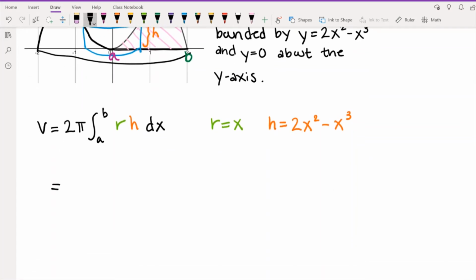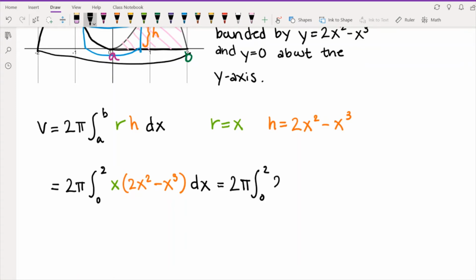So the volume is going to be 2 pi times the integral from 0 to 2 of x times (2x squared minus x cubed) dx. And so now we can just multiply this out and integrate it. So we're going to get 2x cubed minus x to the 4th.